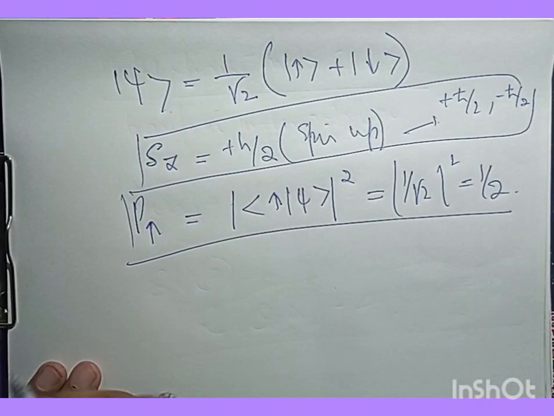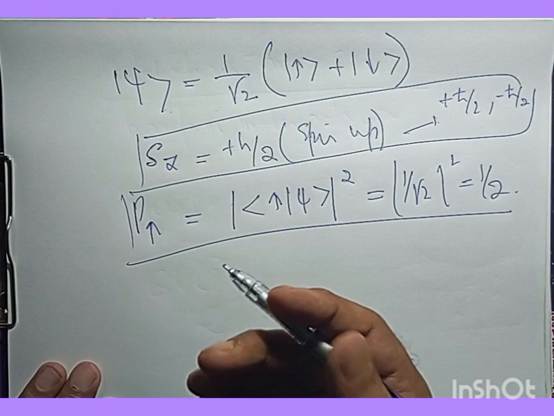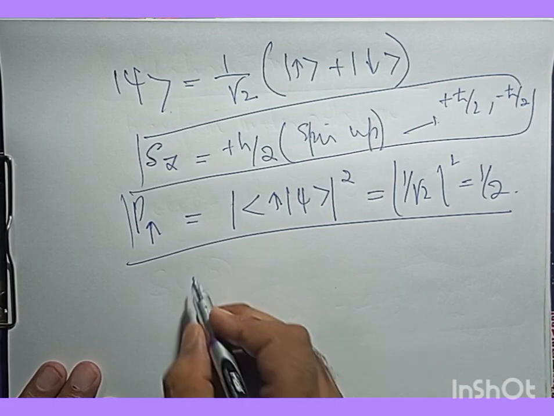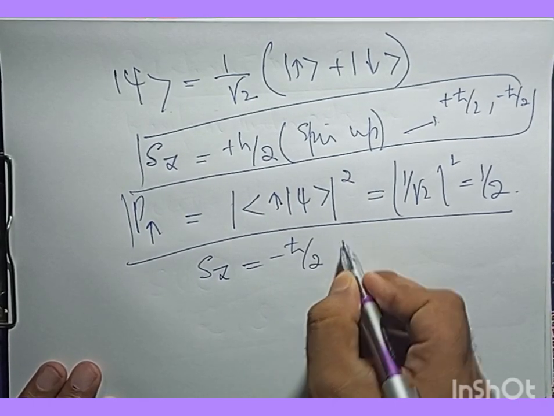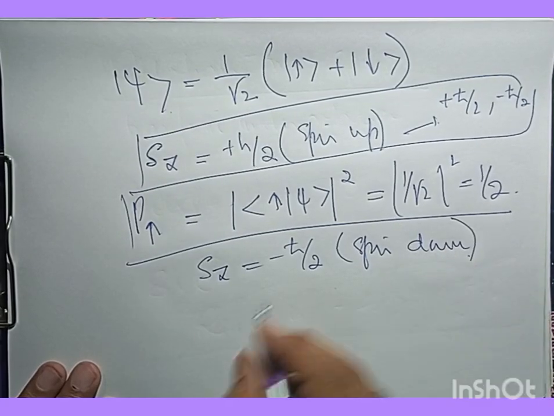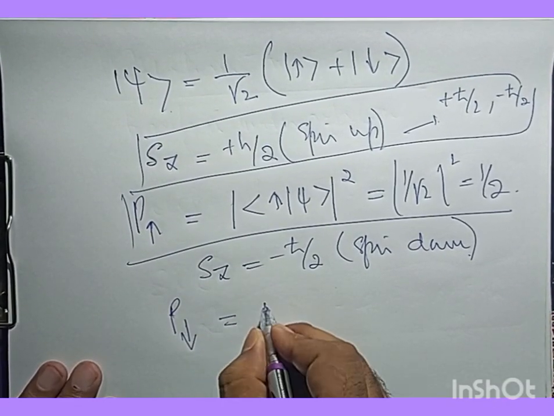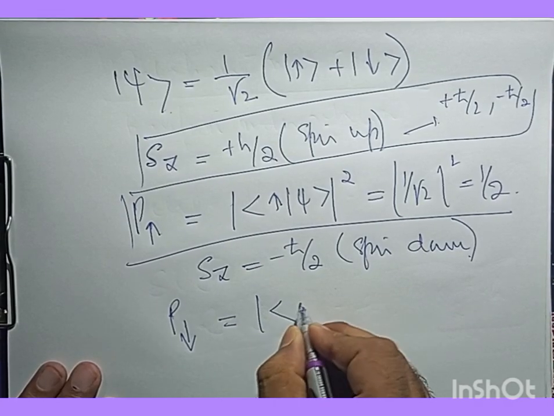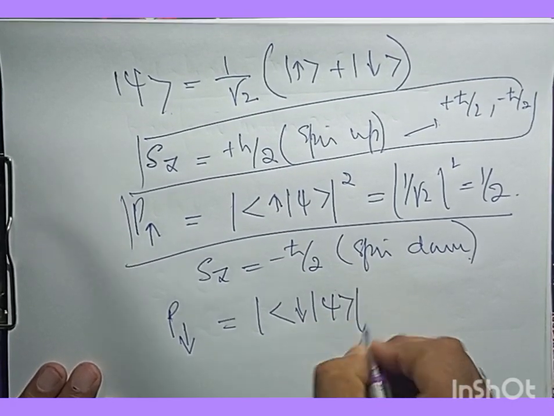In a similar fashion, we can find the probability of measuring Sz in the negative direction. So measuring Sz as minus h bar by 2, what we call spin down. In this case, the probability of spin down is going to be the mod of the spin down state on psi, whole square.